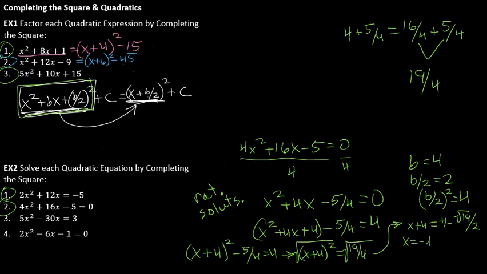X is equal to negative 2 plus or minus the square root of 19 over 2. So that means that my two solutions are x1 equals negative 2 plus square root of 19 over 2, and x2 is equal to negative 2 minus the square root of 19 over 2. Easy peasy so far. So 2 more examples.